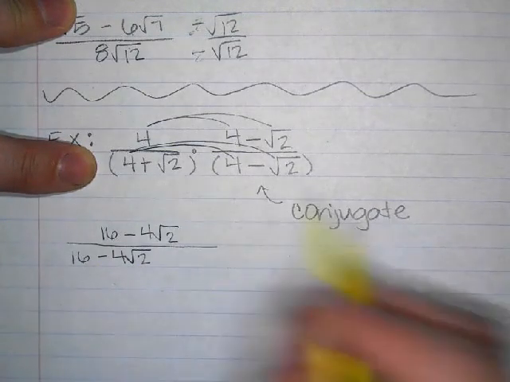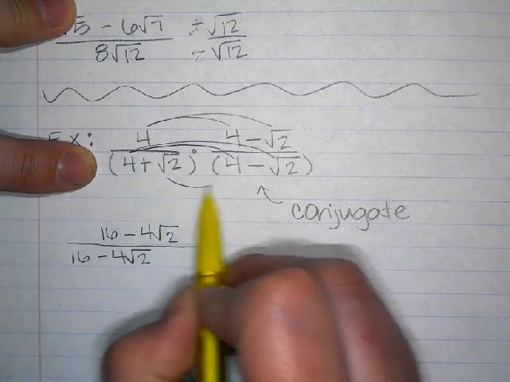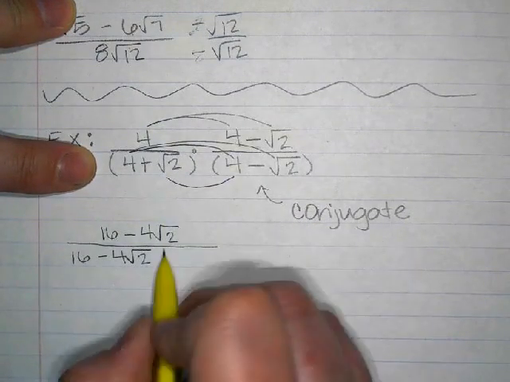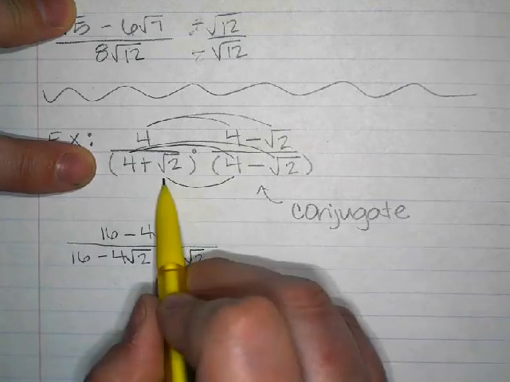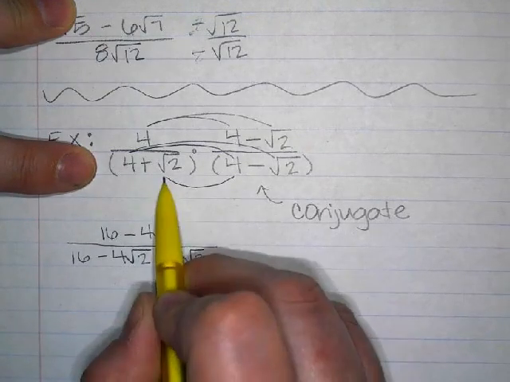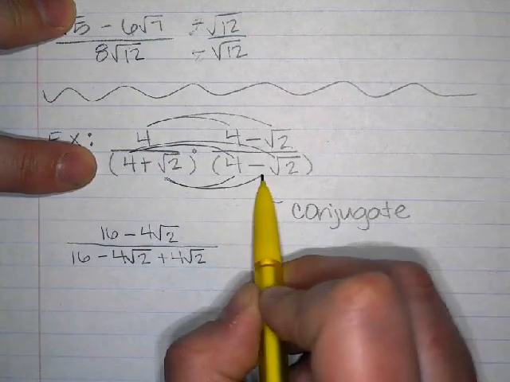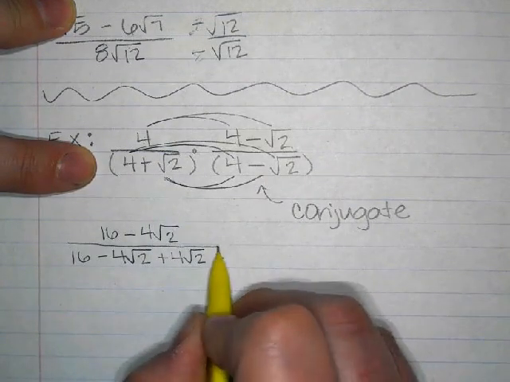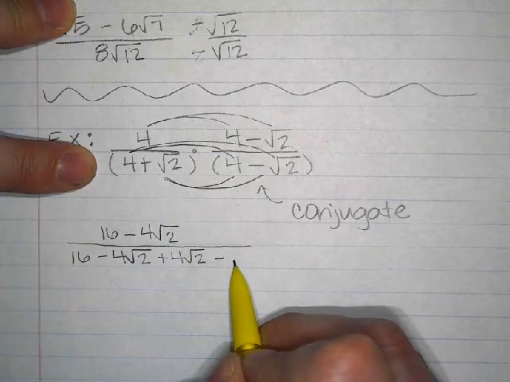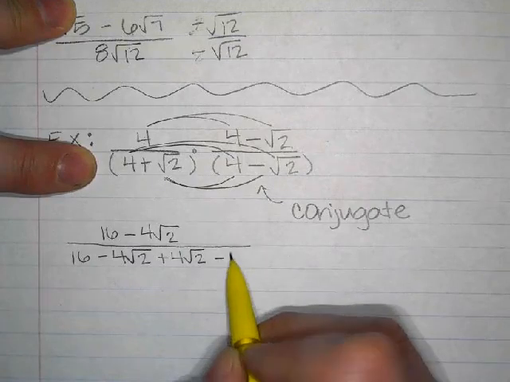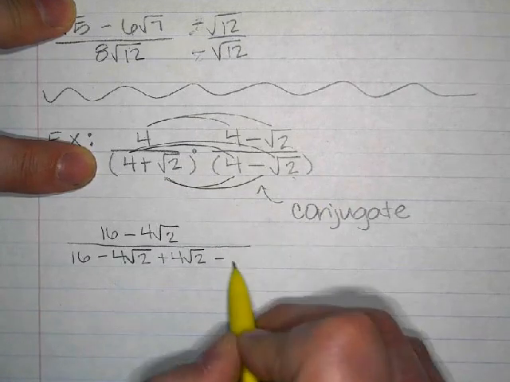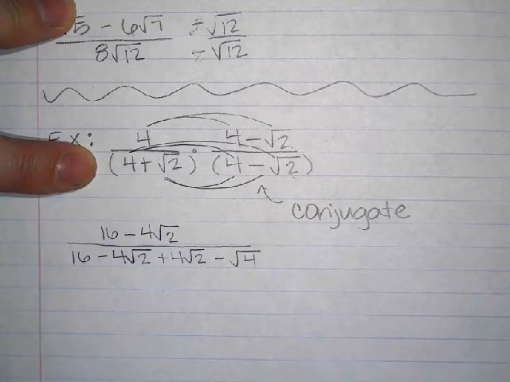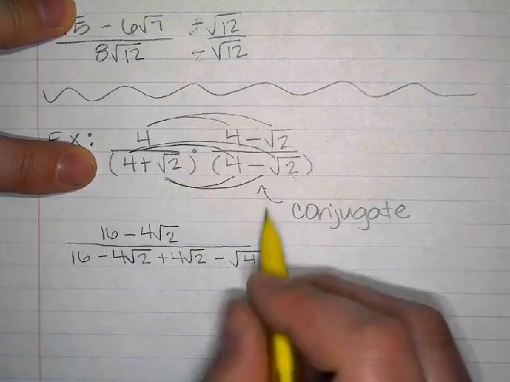Positive root 2 multiplied by 4, so positive 4 root 2. And then positive root 2 multiplied by negative root 2. Negative, and not 4, but you're close. Root 2 times root 2 would be root 4. And root 4 is just 2. Yeah, you were right. It was just 2. So square root of 4 is just 2.